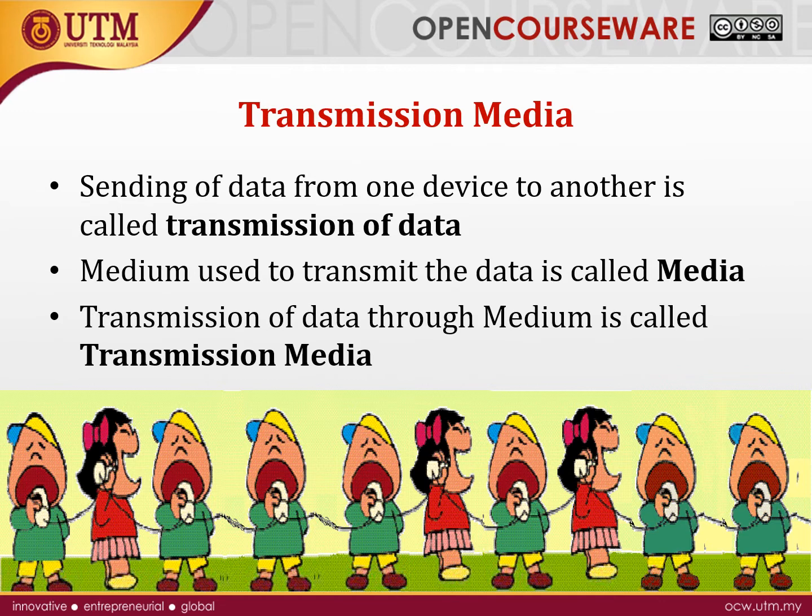So the process of sending any data from one device to another device is actually called transmission media. And the media itself is any medium that is used to transmit the data in this case. All right. So transmission media can be defined as any transmission of data through a medium.